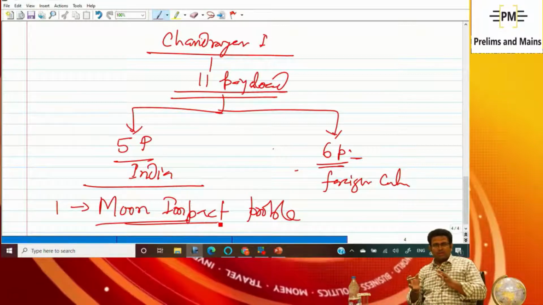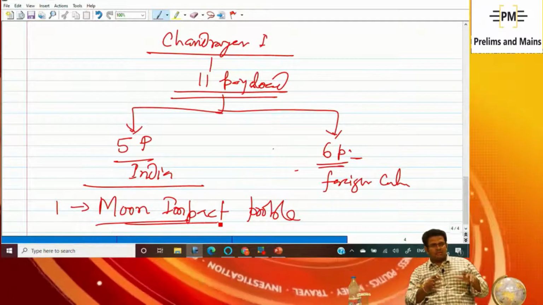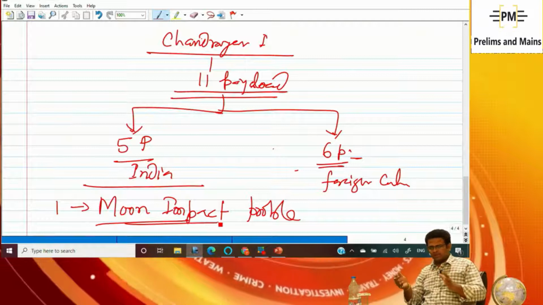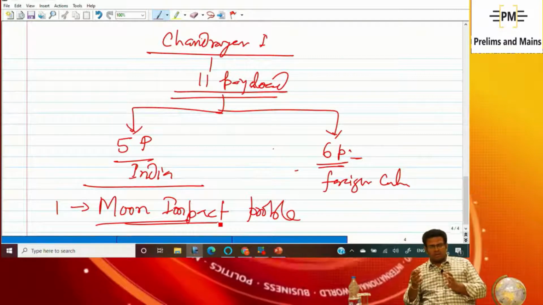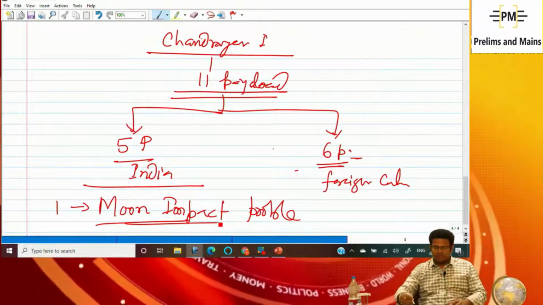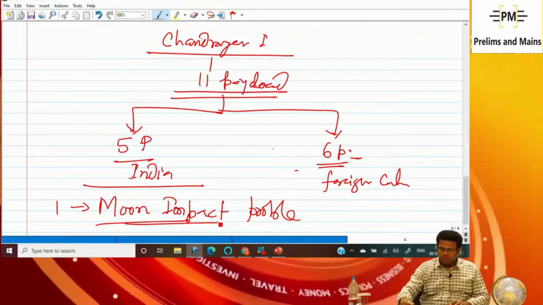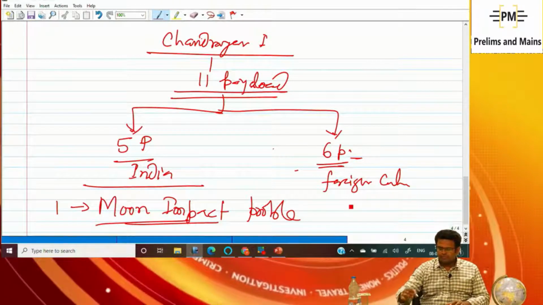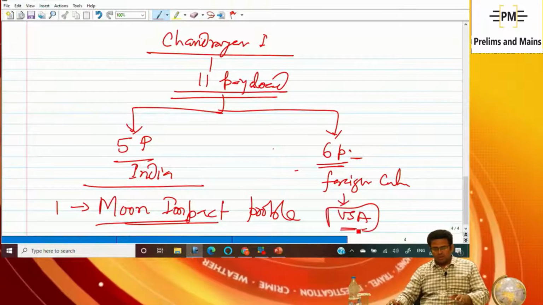Out of 11, 5 payloads have been sent by India, and 6 have been sent by other foreign countries, but mostly of USA. It is mostly of USA. So what happened?